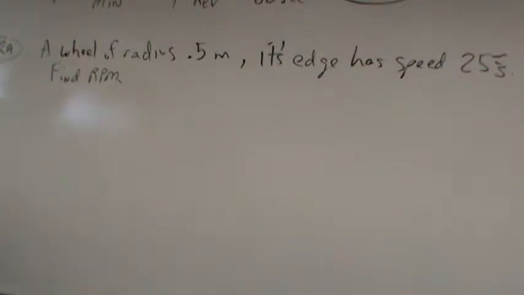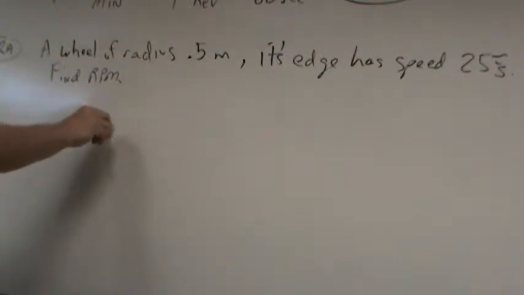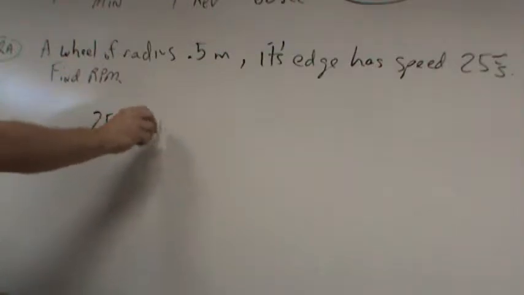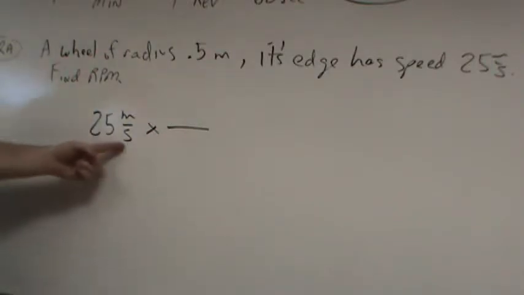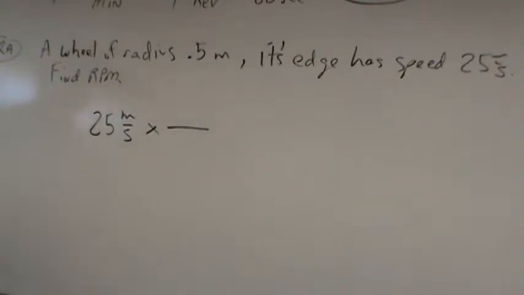If you don't know how to start, I will tell you, please write down 25 meters per second and then go ahead and start the conversion process. You need to get rid of meters and get revolutions instead. You need to get rid of seconds and get minutes instead.